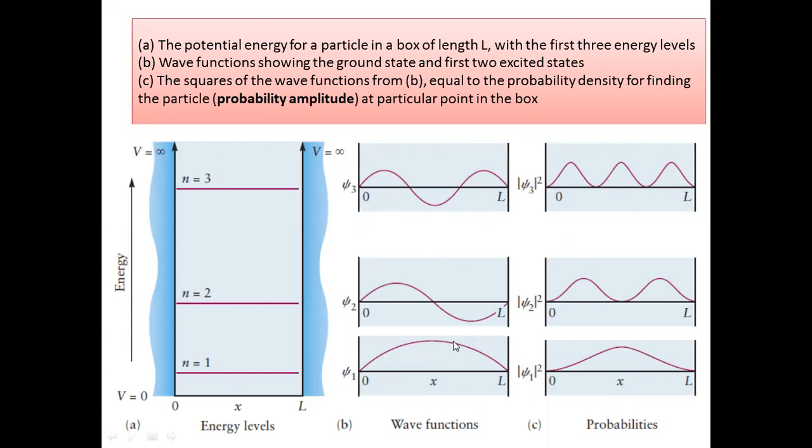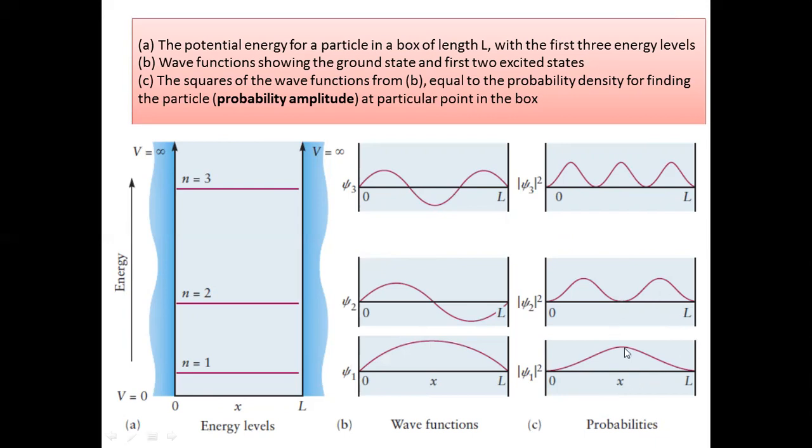In the second diagram of the figure, it is the wave function, and this wave function shows the ground state and the two excited states, and similarly it will further move to the third excited state and the fourth, and so on. The third one is the probability density.